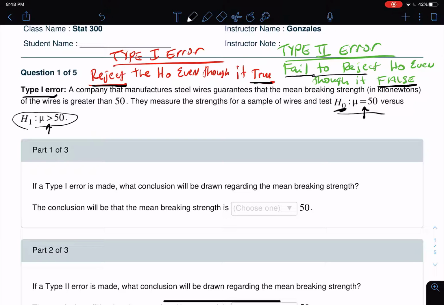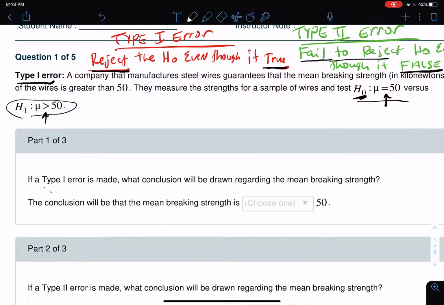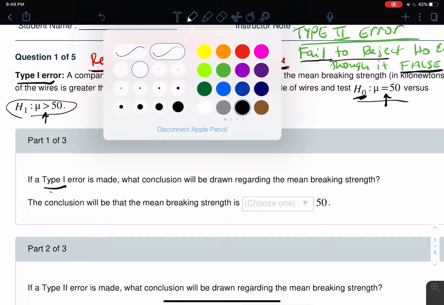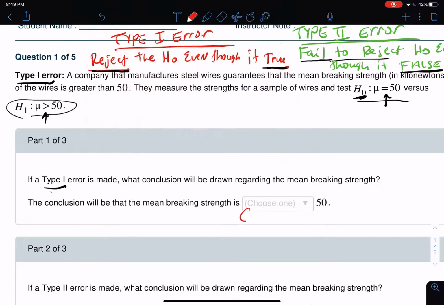So if a type 1 error is made, which is rejecting the null even though it's true, what conclusion will be drawn regarding the mean breaking strength? Okay, the conclusion will be that the mean breaking strength is greater than 50, or we can just use a greater than symbol.